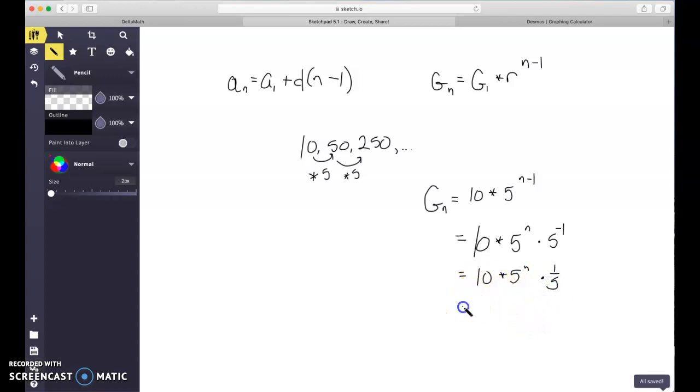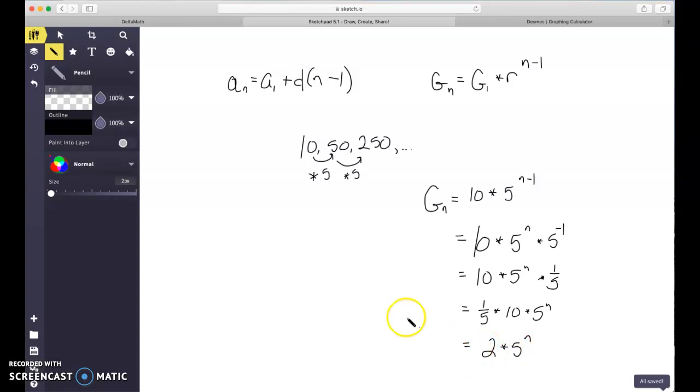And I can use that commutative property of multiplication to rewrite it. That's 1/5 times 10 times 5 to the n. And 1/5 times 10 actually gives me 2 times 5 to the power of n.